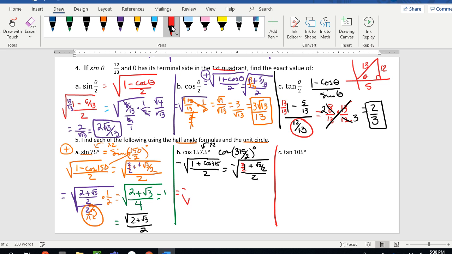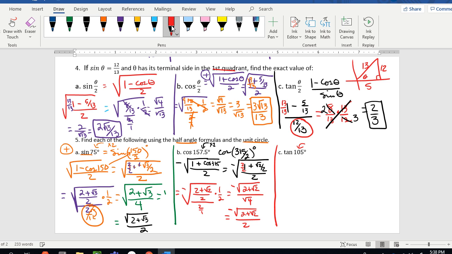And that's going to give me negative 2 plus the root of 2 all over 2 over 2. I'm going to make it 2 over 1, so times 1/2. This is going to give me the square root of 2 plus the root of 2 all over the root of 4, which is, oh, and it was negative, just lost my negative. Negative 2 plus the root of 2 all over 2. And I'm done. The end.